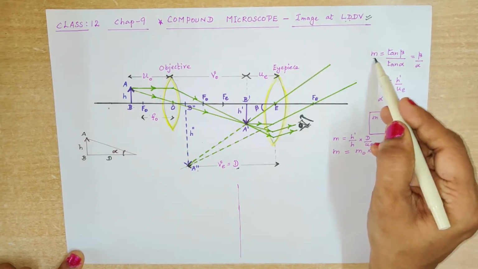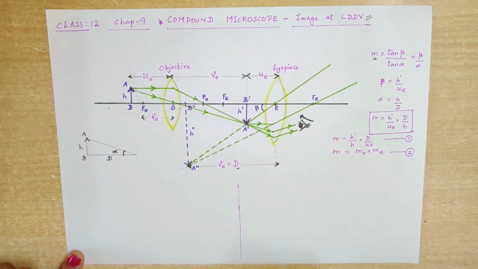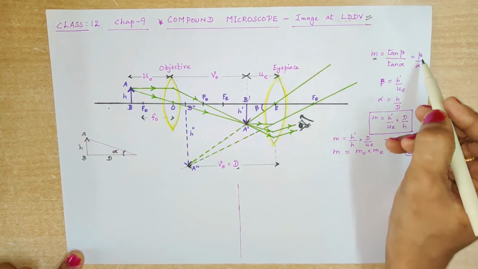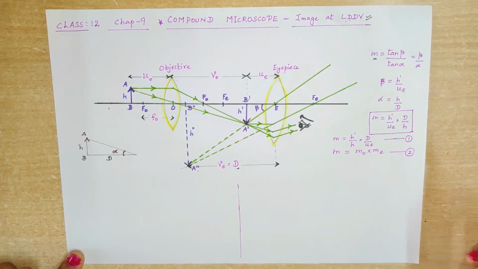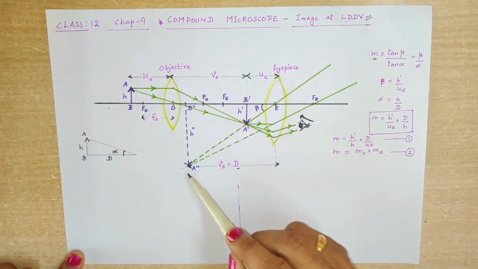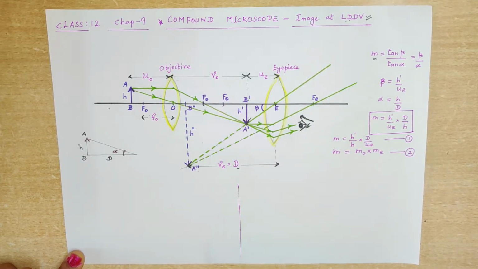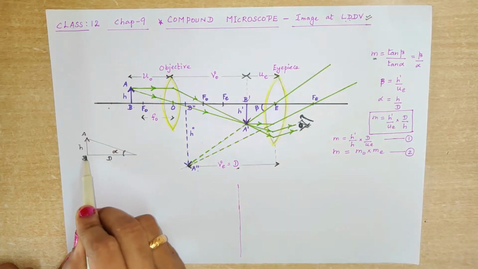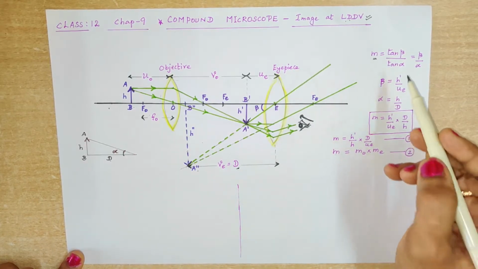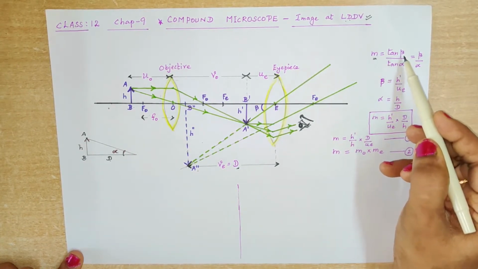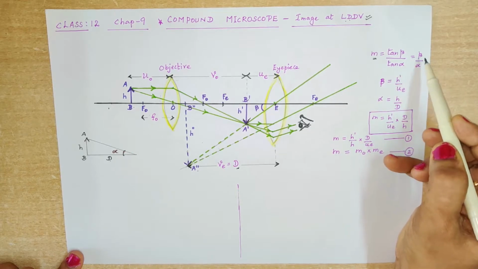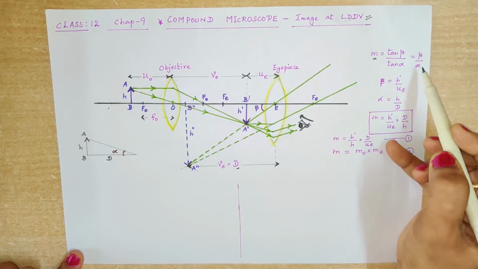Now, what is the magnifying power of this compound microscope? It is the ratio of the angle formed at the eye by the final virtual image to the angle formed at the eye by the object when both are at LDDV from the eye. So you have M equal to tan beta by tan alpha. For small angles, we take beta by alpha.